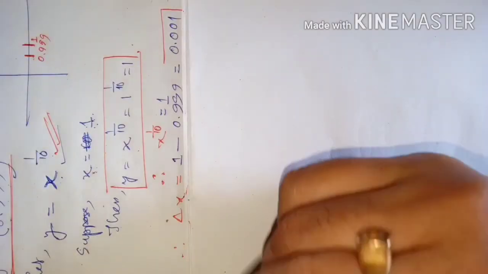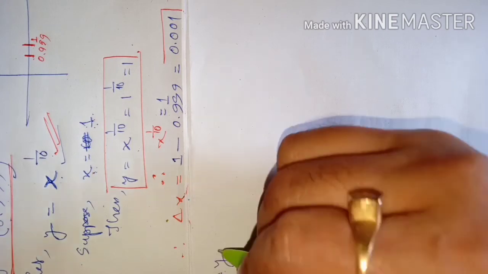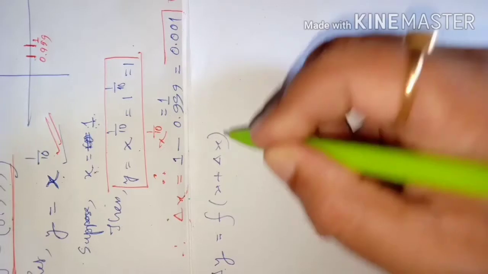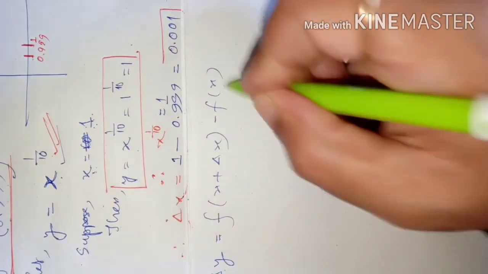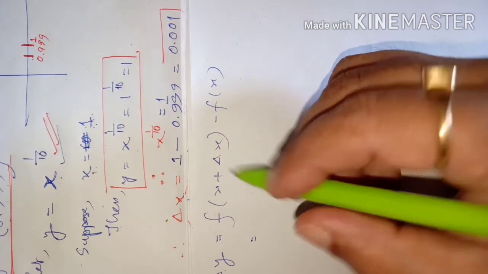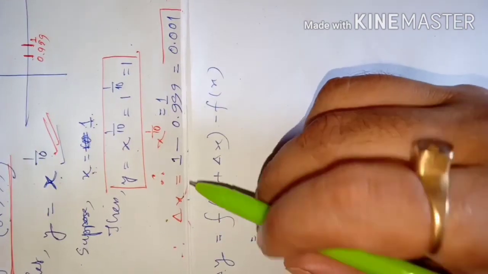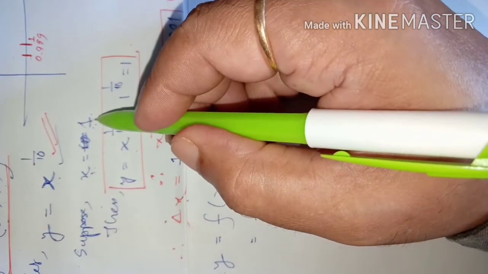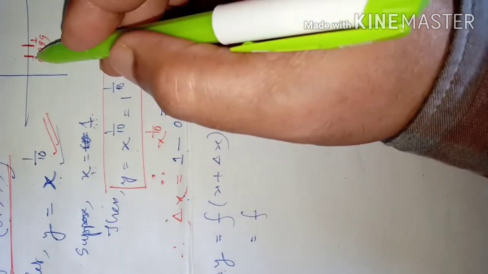Now delta y will be like this. Delta y, you know, is f of x plus delta x minus f of x. That means it will be f of x plus delta x. What is x plus delta x? X plus delta x is 1, because we have taken x equal to 1. That means 1 is the right hand side number of this number.